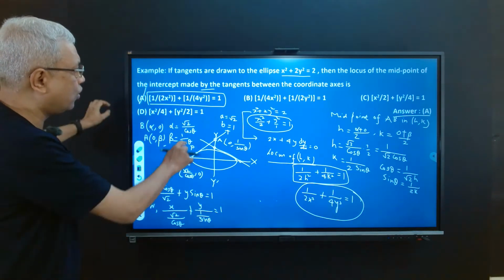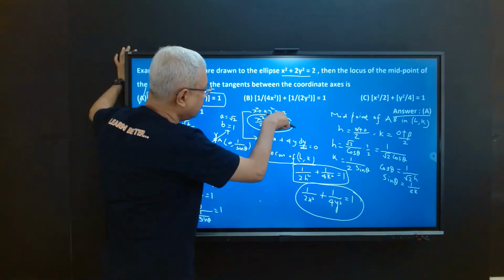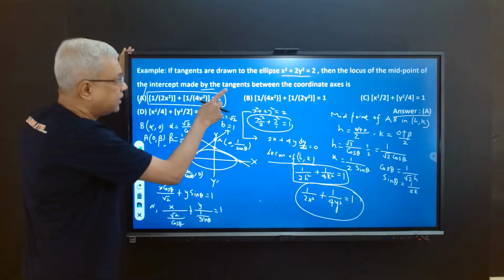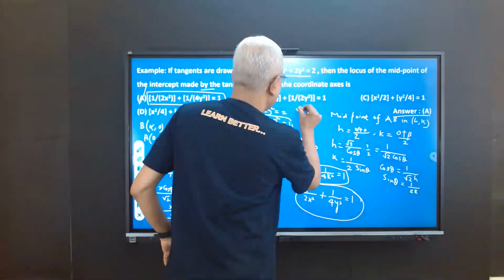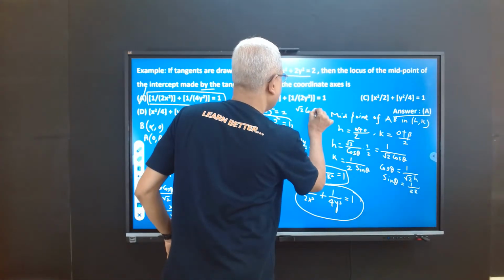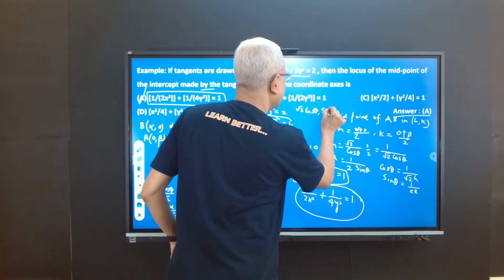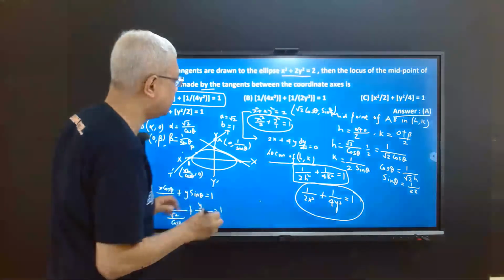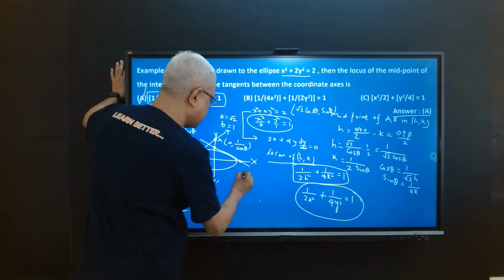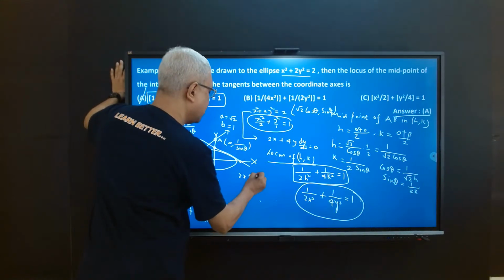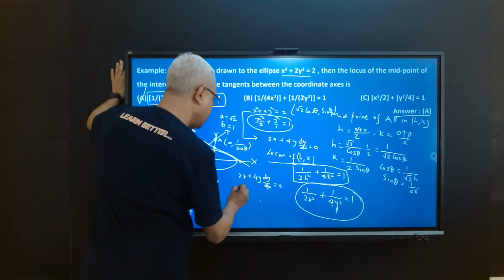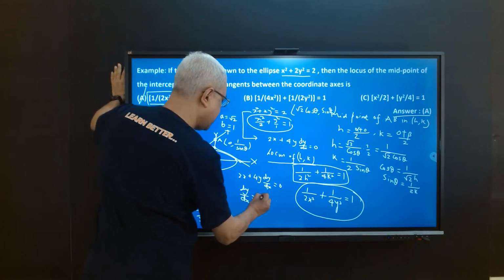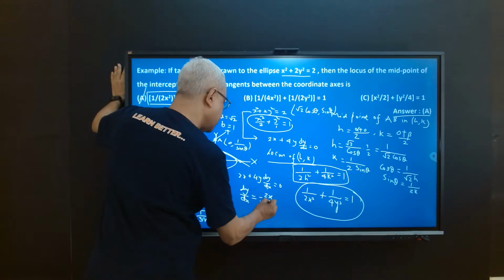One thing, so when we are interested to find the equation of the tangent to this ellipse at any arbitrary point, root 2 cos theta, sin theta, what we did, we started with differentiating this equation. So 2x plus 4y dy/dx equal to 0, and then dy/dx we computed as minus 2x by 4y.